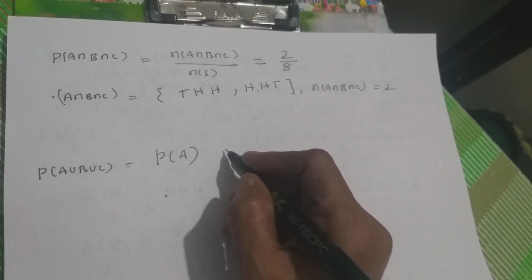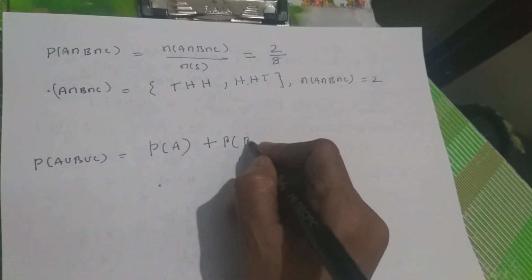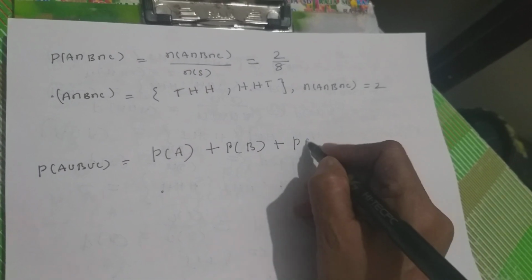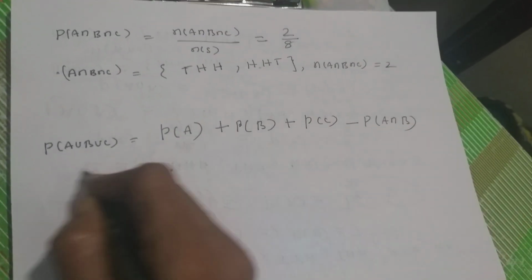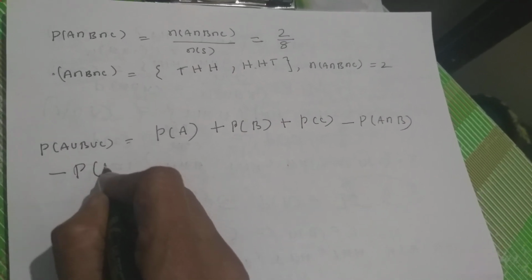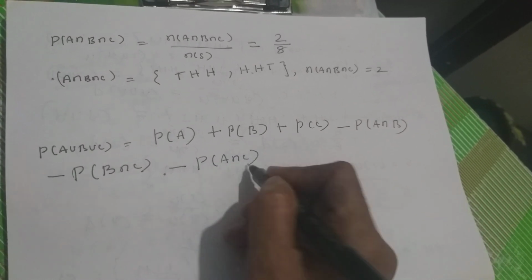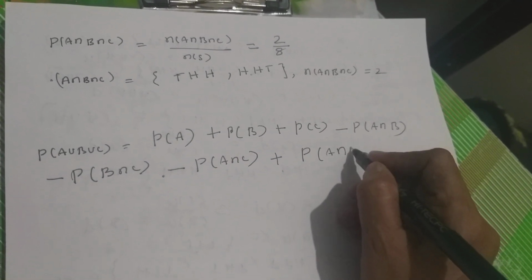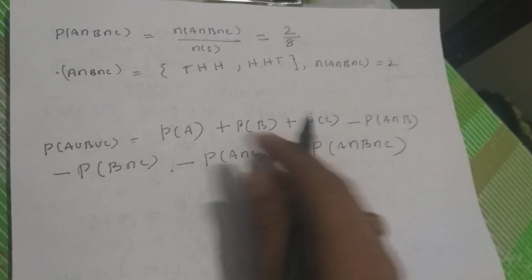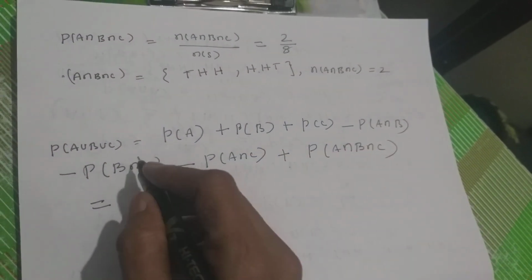Now whatever we need is satisfied. We finished finding P of A, P of B, P of C, P of A intersection B, P of B intersection C, P of A intersection C, plus P of A intersection B intersection C. Now we have to substitute the values here.